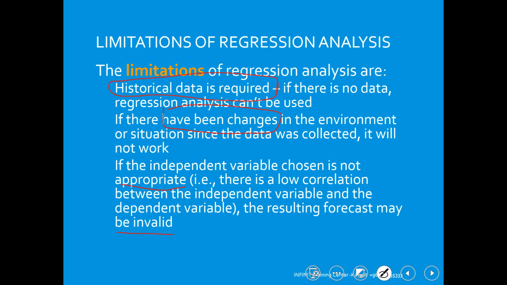So the factors we are going to consider play an important role in calculating the regression analysis. So maybe we can say advertisement has nothing to do with your sales, but you are using advertisement to forecast the sales. Or we can say you are choosing the wrong variable. So when you choose the wrong variable, your conclusion is also going to be wrong.